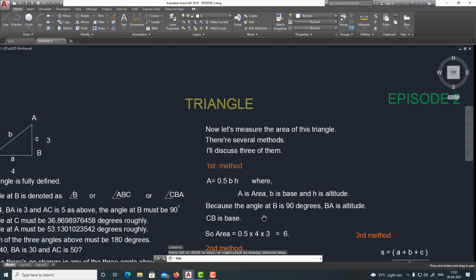Because the angle at B is 90 degrees, BA is altitude. CB, this is base. So area is equal to 0.5 into base 4 into altitude 3. That is equal to 6.